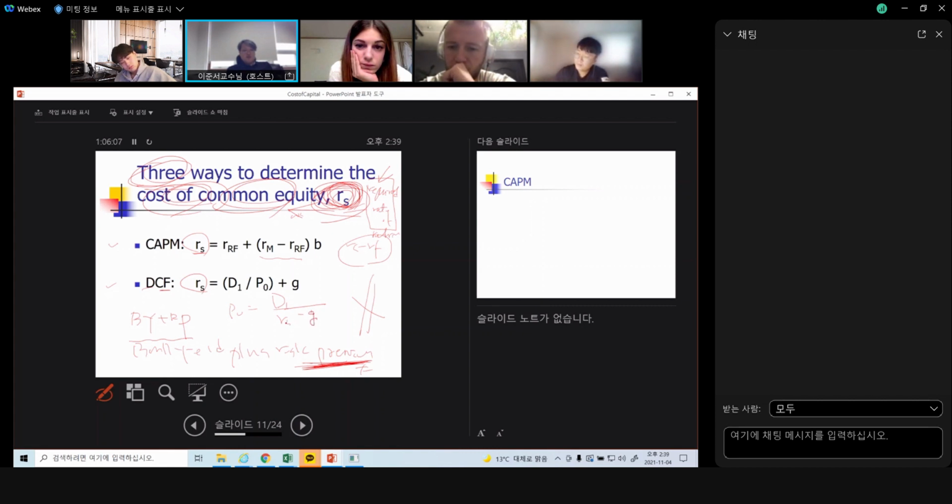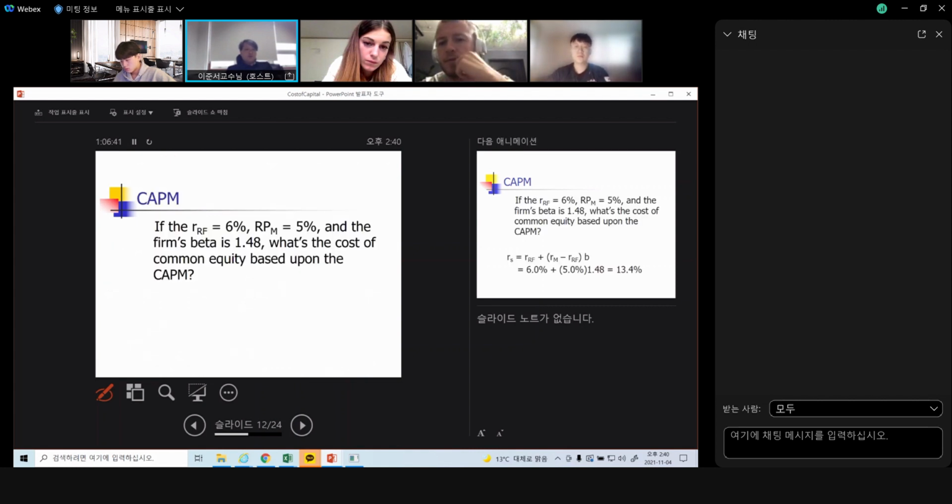So if we rearrange this, RS minus G equals D1 divided by P0, and if we move G to the right-hand side, the cost of common equity can be calculated by D1 divided by P0 plus the growth rate.